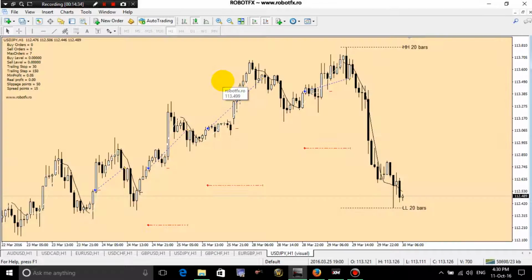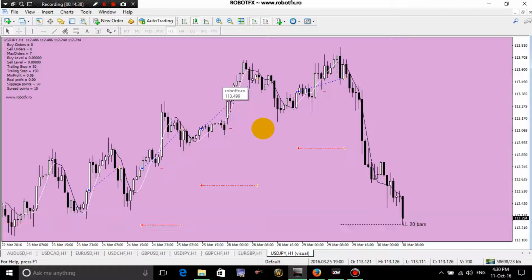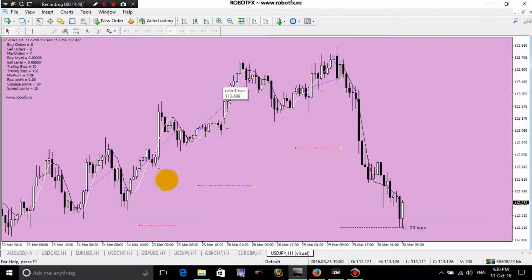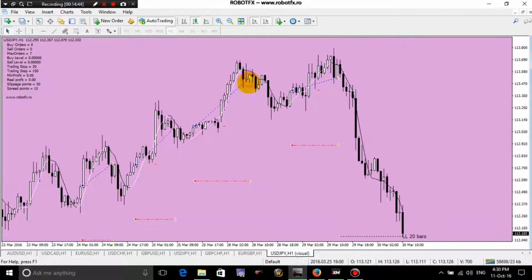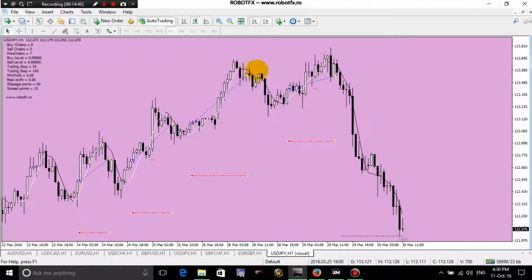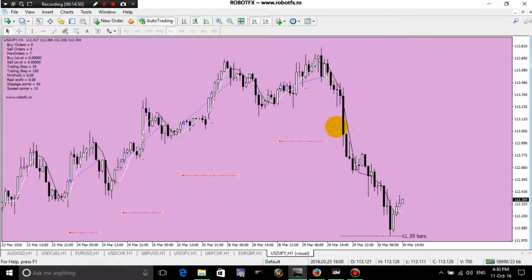So from many points of view, it is better to trade like this, step by step, but trade with the trend: buy in dips, exit the trade when the highest high is formed, and wait for the next dip to buy.